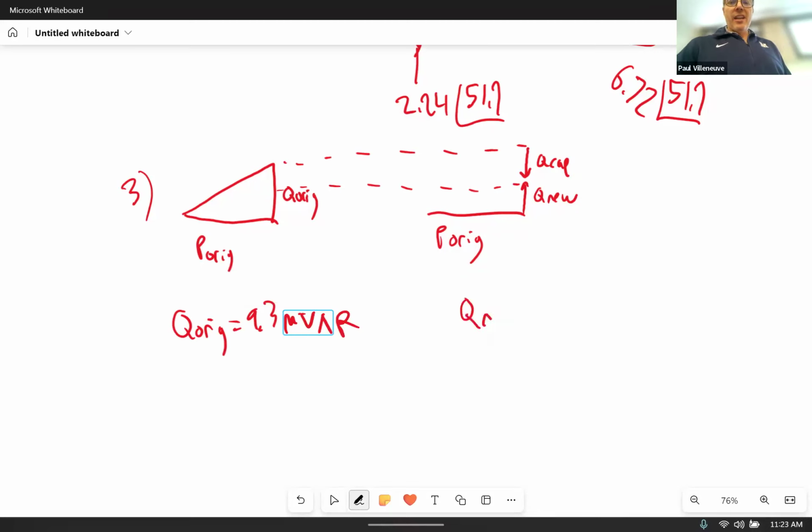In the new case, I calculated right around 4.9. I can see that Q cap is the difference between the original and new. So let's write the equation.